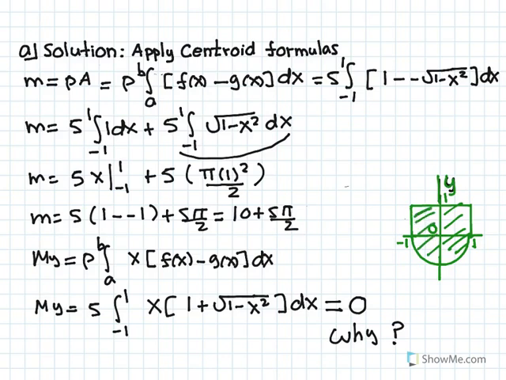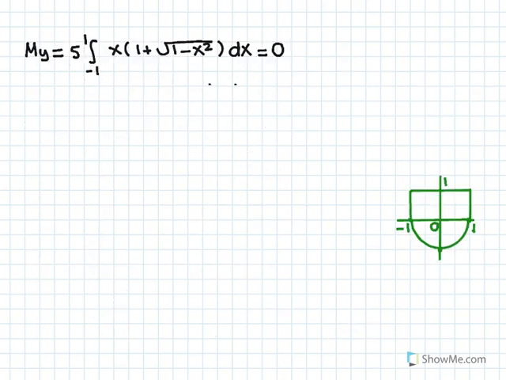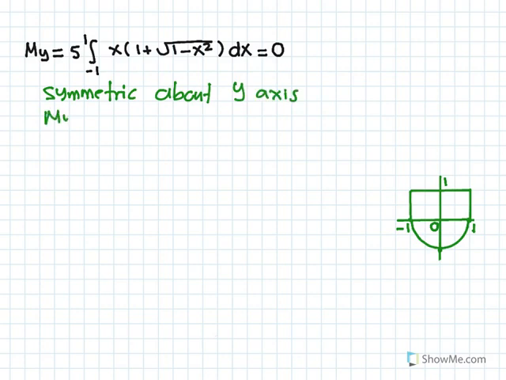That means the moment with respect to the y-axis will be 0. The described region is symmetric about the y-axis, which means the moment with respect to the y-axis is 0.